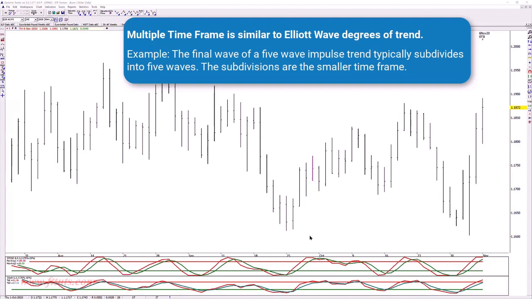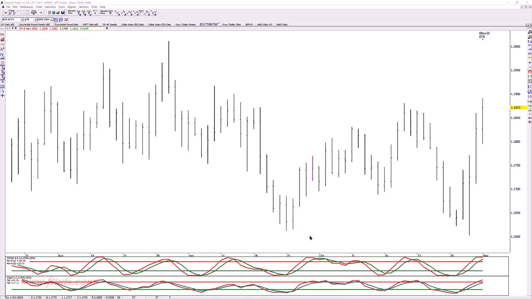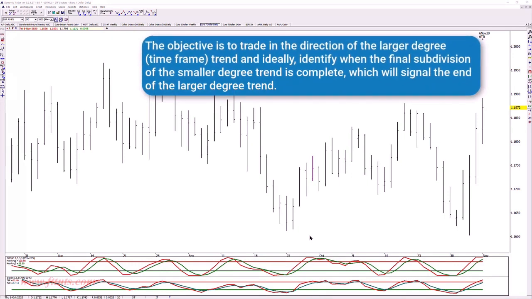Ideally, that 5th wave breaks down or subdivides into a smaller time frame of 5 waves itself. So if we can identify the subdivisions of the wave 5, and when that smaller time frame, smaller degree 5-wave trend is complete, then that indicates that the higher time frame trend is complete.